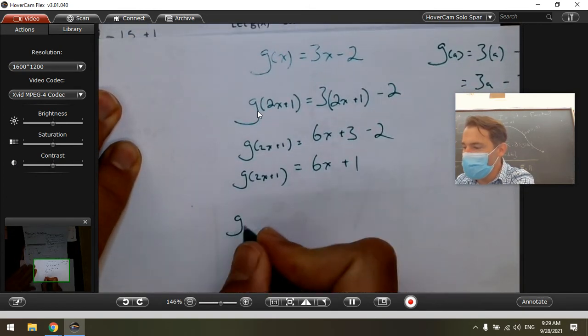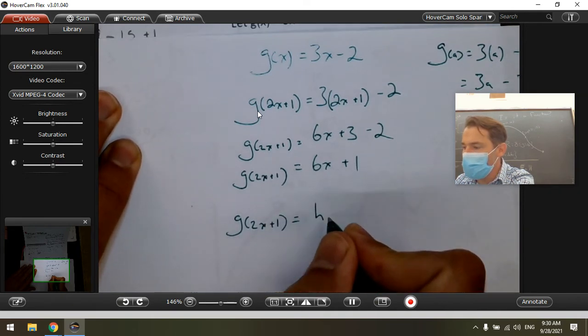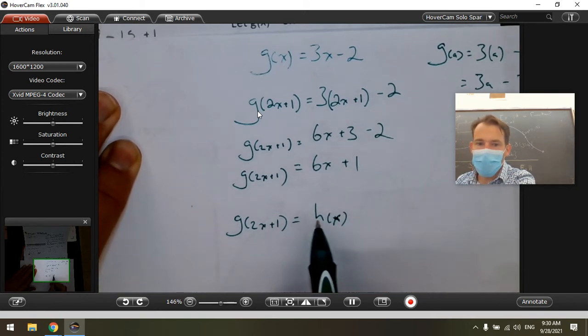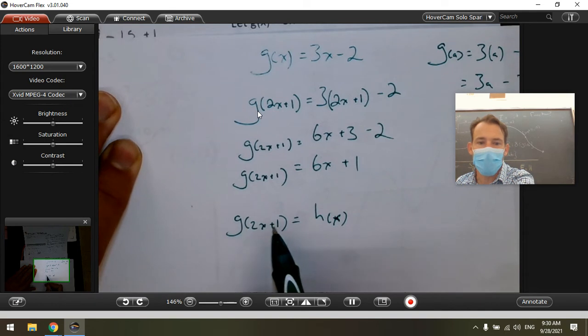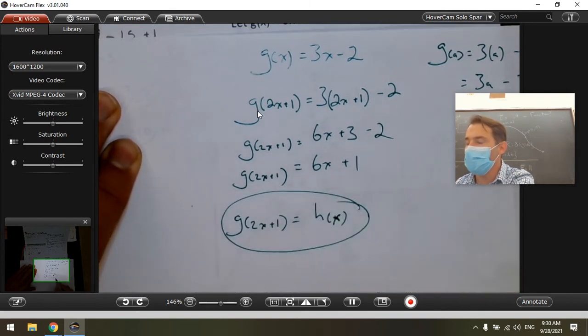You will say, okay, well then g at 2x plus 1, that's a new function. It's a new function h of x. 6x plus 1 is h of x, and that could also be reached with this transformation of this other function. You'll sometimes see this later. Okay, we're not getting there quite yet, though. Getting a little ahead of ourselves.